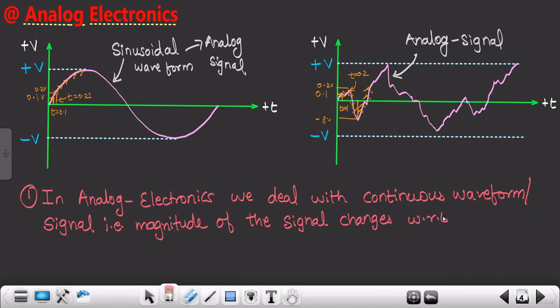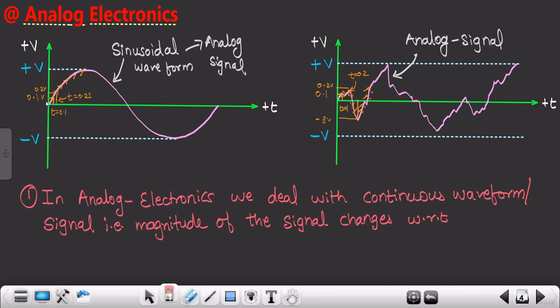What I meant to say is, at t equals 0.1 second, it was 0.1 volt. At t equals 0.2 second, it was 0.2 volts. At t equals 0.3 second, maybe this waveform would achieve 0.3 volts. So that means for every second, the value of this signal is changing. I hope you understood this.